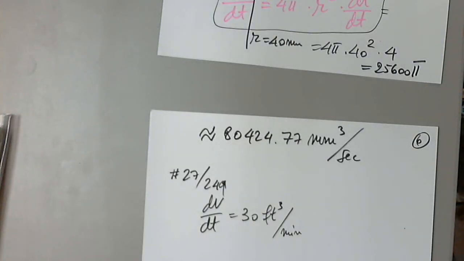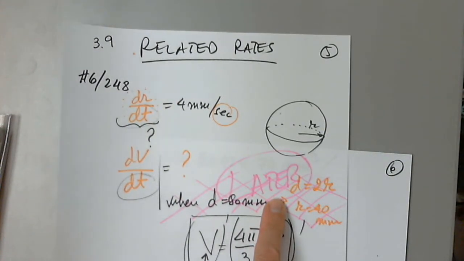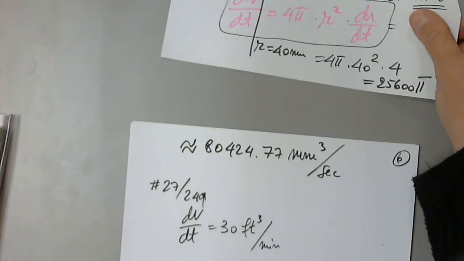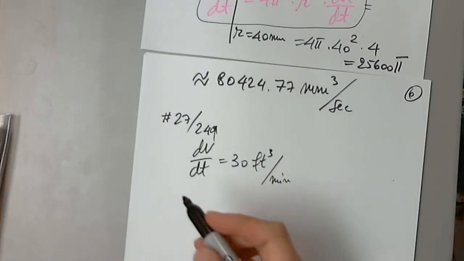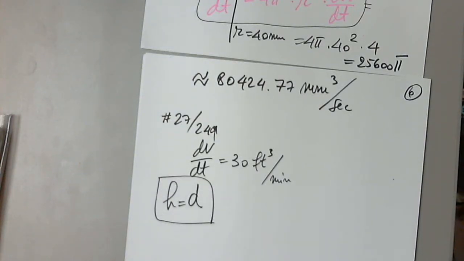When it says always equal, it's not a piece that I have to wait for later. It says always. So the height equals the diameter always, which means this has to be taken into account from the very start.